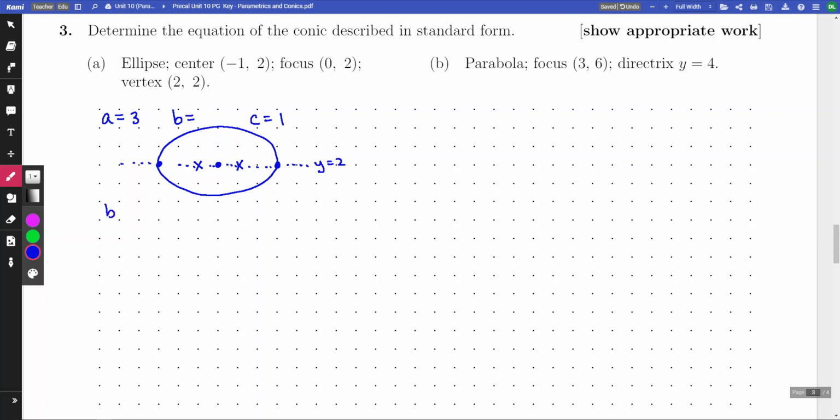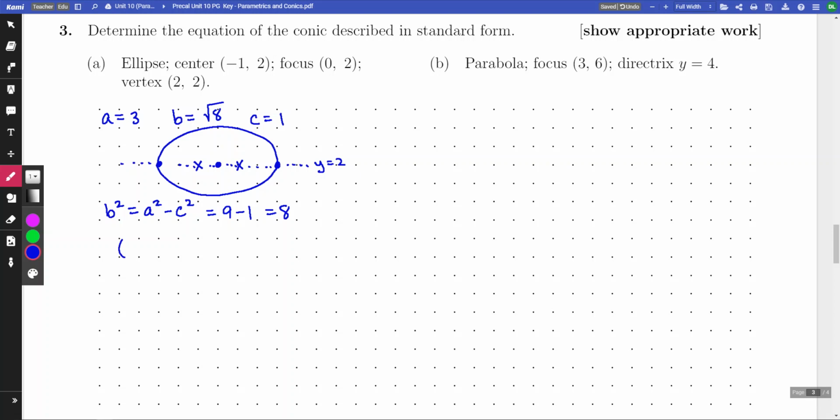We know that our relationship is b squared equals a squared minus c squared, which would be 9 minus 1, which is 8. So that means that b is the square root of 8. And with that information, we can get our equation.